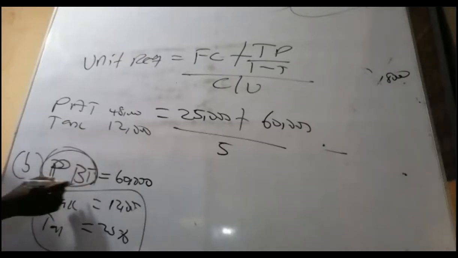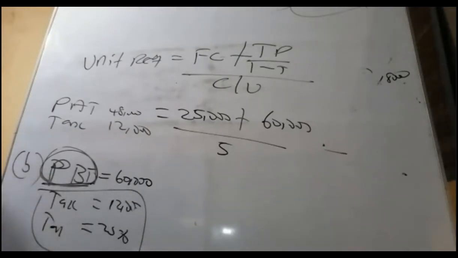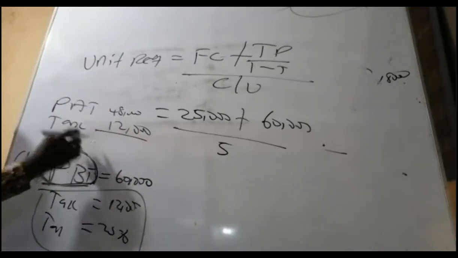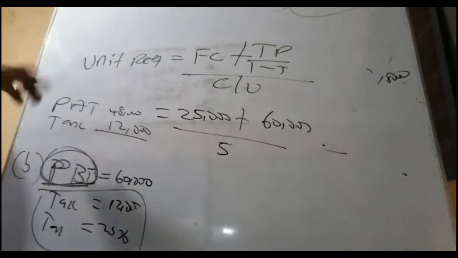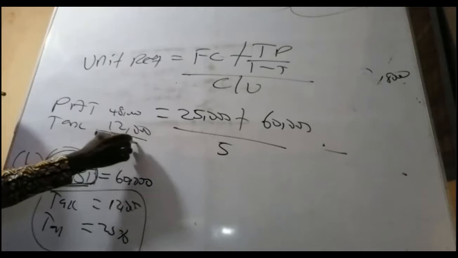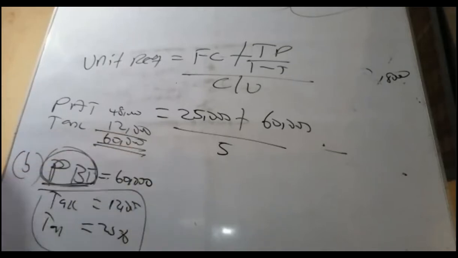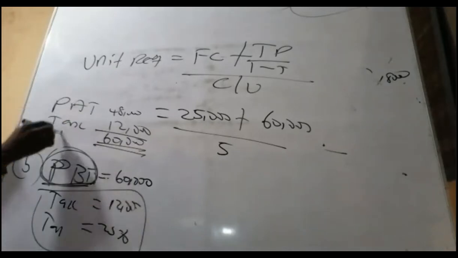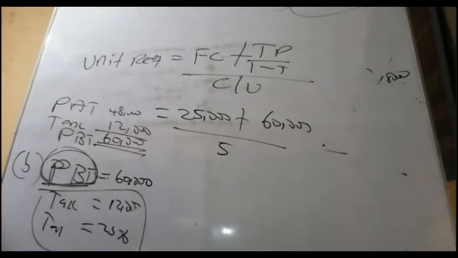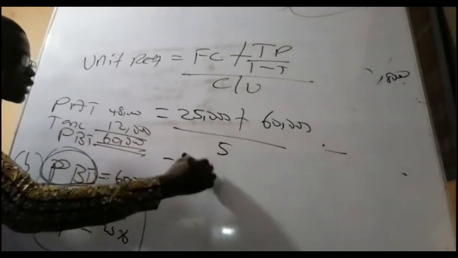We are looking for profit before tax here. So whichever way, we have to make sure that we get a profit before tax. Just add profit after tax plus the tax. You get 60,000. It's the same question now. I've reversed it, so you add back. This gives us the profit before tax, and that is what we are interested in. In all cases, kindly look for the profit before tax. So this answer will be 17,000, right?